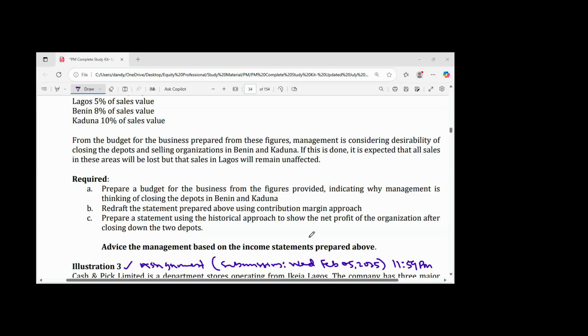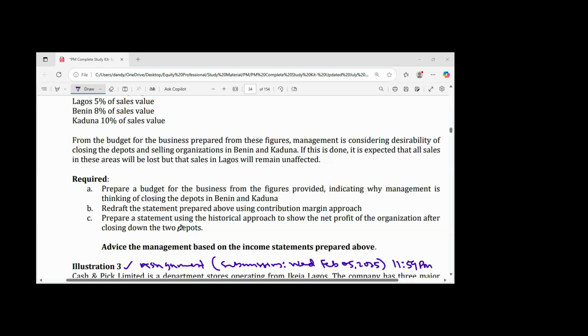Thank you very much, Emirat. Yes, that is the question. In the A requirements, you have to prepare a budget for the business from the figures provided, indicating why management is thinking of closing the depots in Benin and Kaduna. Remember what I told you, that management will only be thinking of closing down a segment if the segment is operating at a loss.